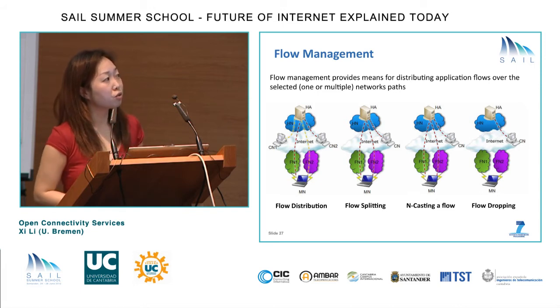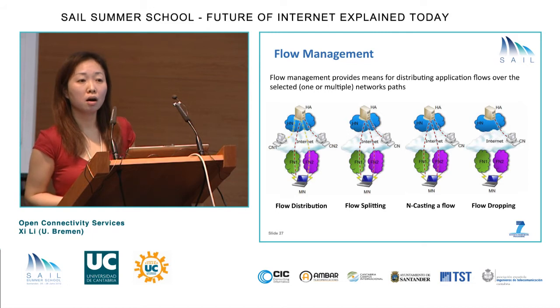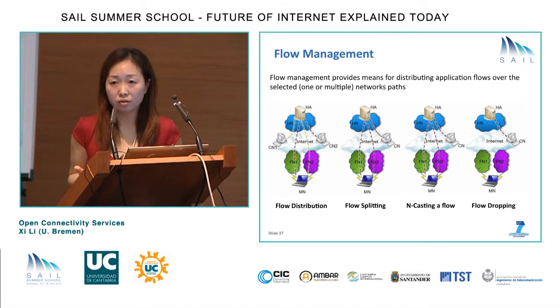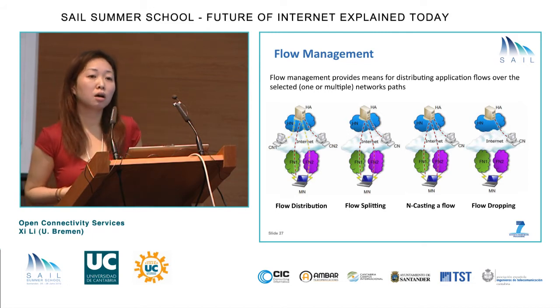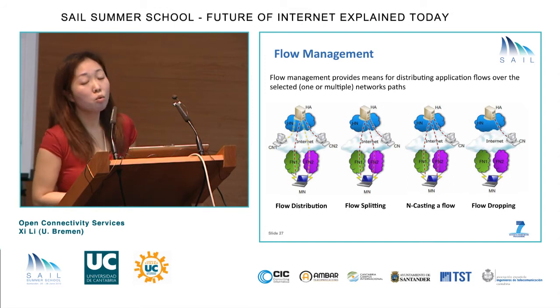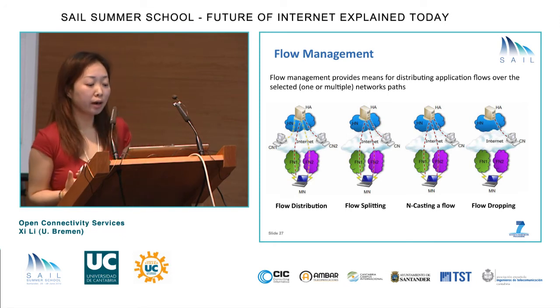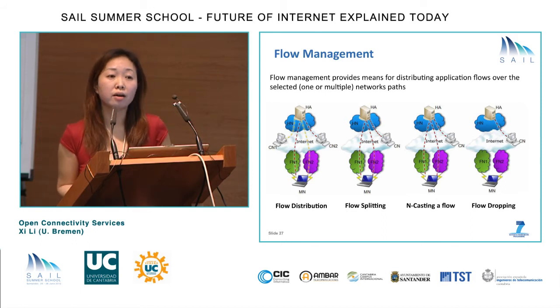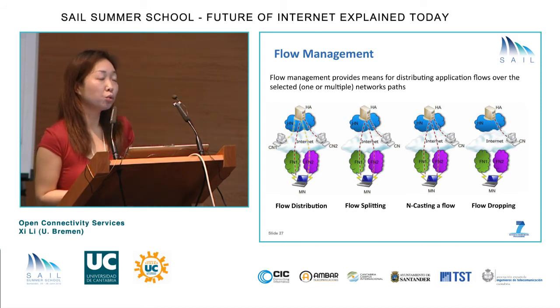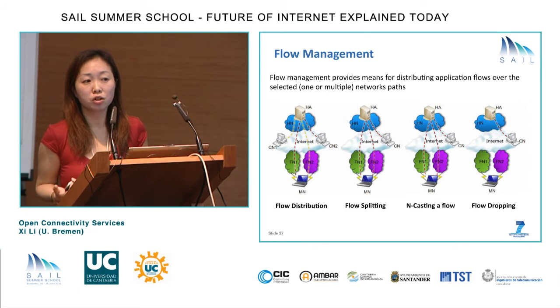The second option is to split the flow, meaning given one single traffic flow, whether we can distribute or split this flow over multiple access networks. By doing this, we can have the aggregate bandwidth, and then we can increase the overall transmission throughput.